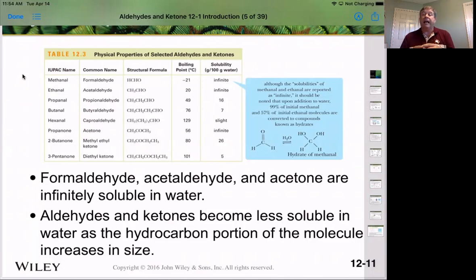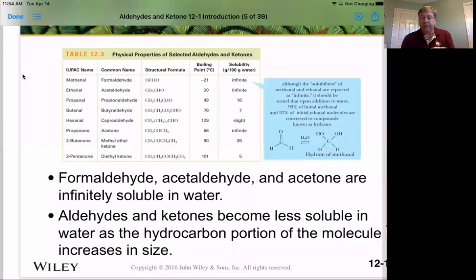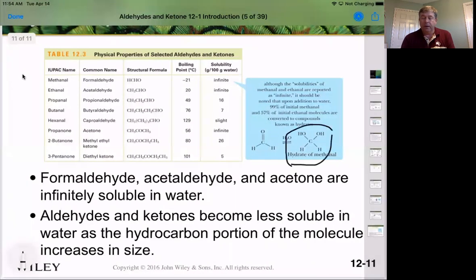We're basically adding water across that carbon-oxygen double bond to create a structure that looks something like this right here. Okay, so this is a reversible reaction. Which way it shifts depends on how stable the material is. But as your chain gets longer and longer, as it gets more nonpolar, it becomes less and less soluble in water.